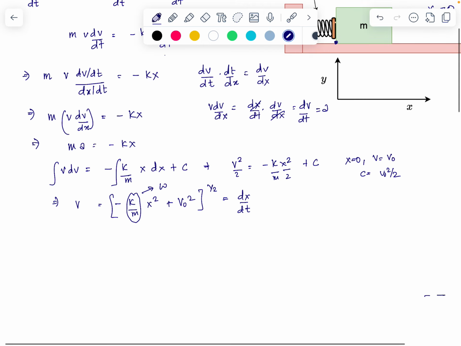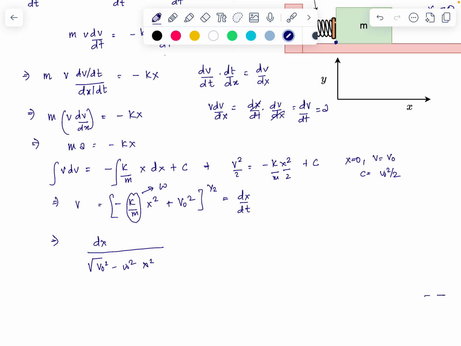So we again rearrange the terms, and we get dx divided by the square root of v0 square minus omega square x square equals dt.